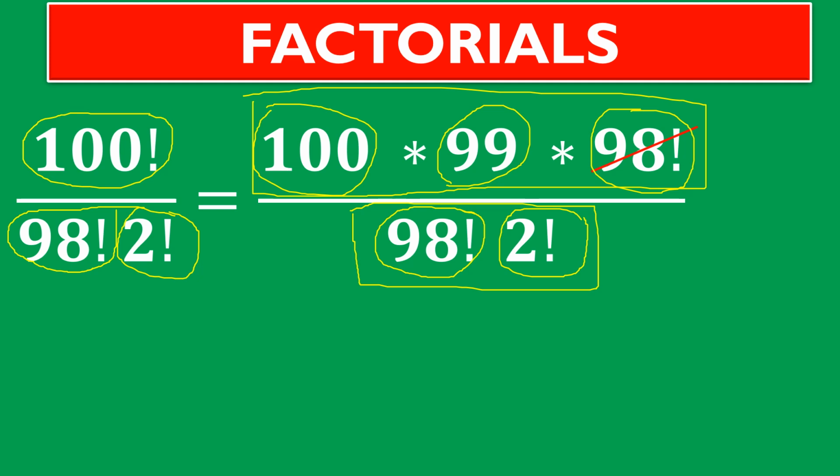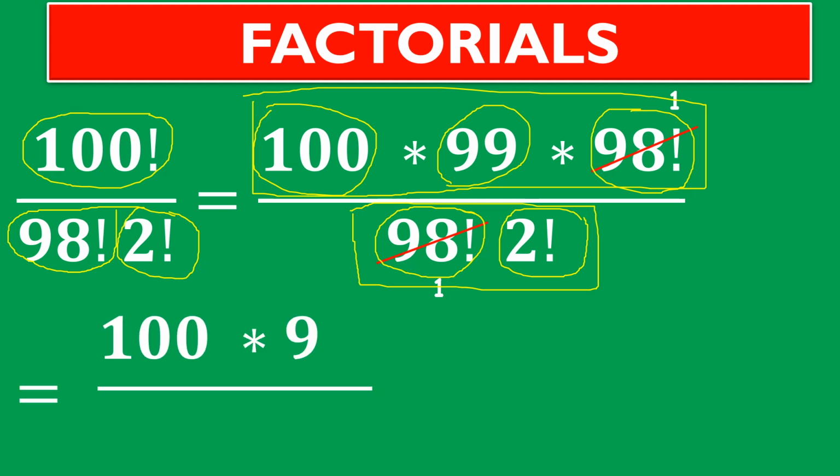So what we now have is your 98 on top, and you have 98 at the bottom, so they will simply cancel out. 98 here 1, 98 here 1, so they cancel out since they are the same, and then you're left with 100 times 99 divided by 2.